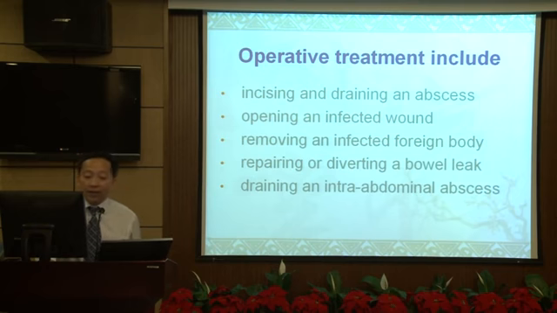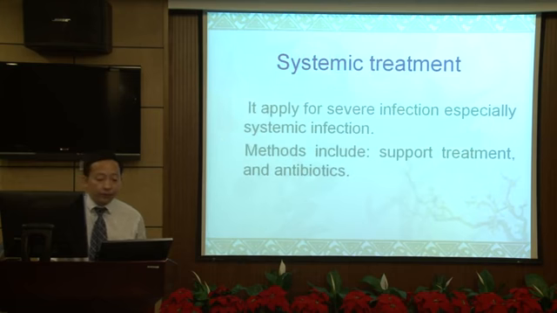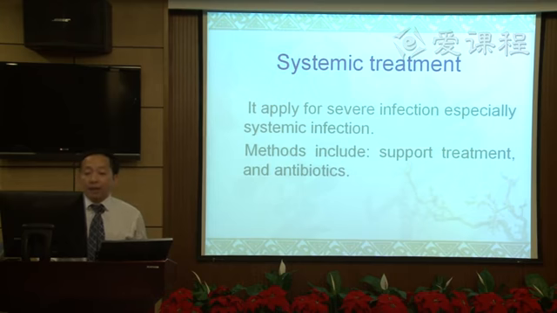Draining an intra-abdominal abscess is also very important for the operative treatment. The systemic treatment applies for severe infection, especially systemic infection. The methods include supportive treatment and the use of antibiotics.